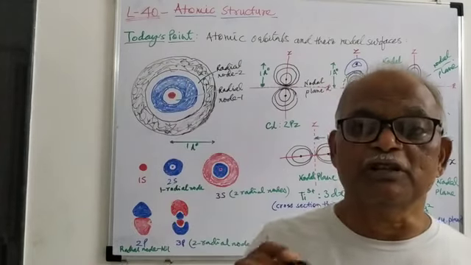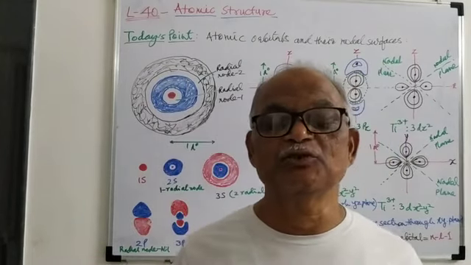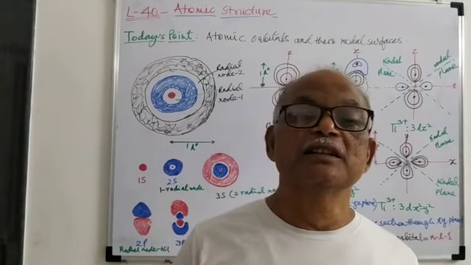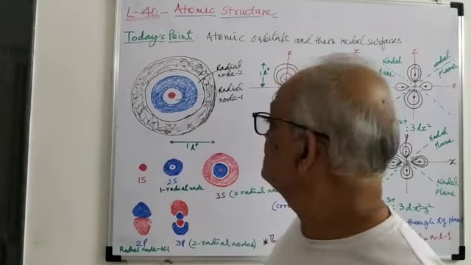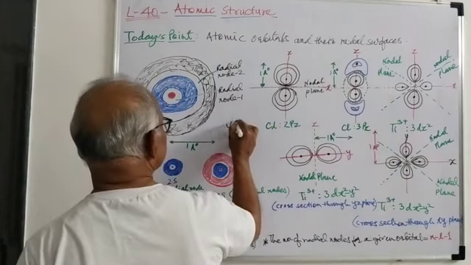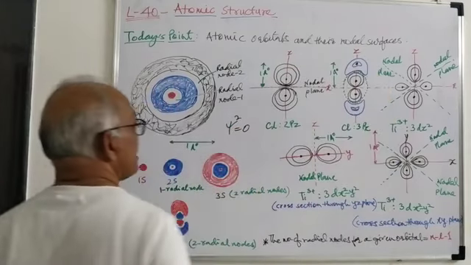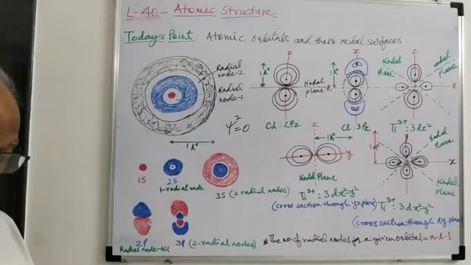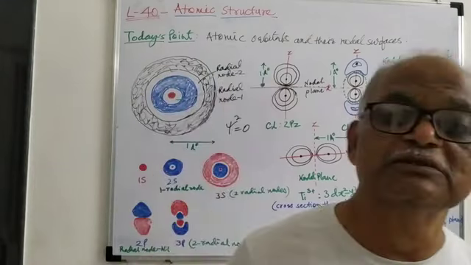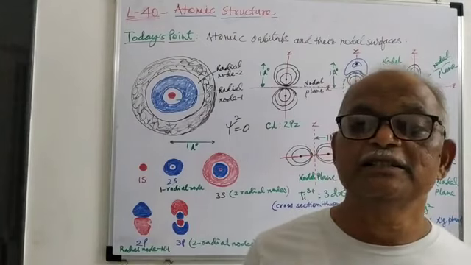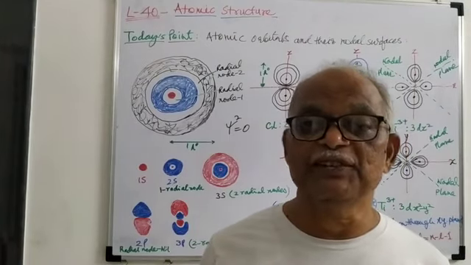In short, the nodal region, that is the nodal surface, is the region in space in the atom which shows psi square value, that is electron density, as 0. Such a region is called a radial spherical nodal surface.